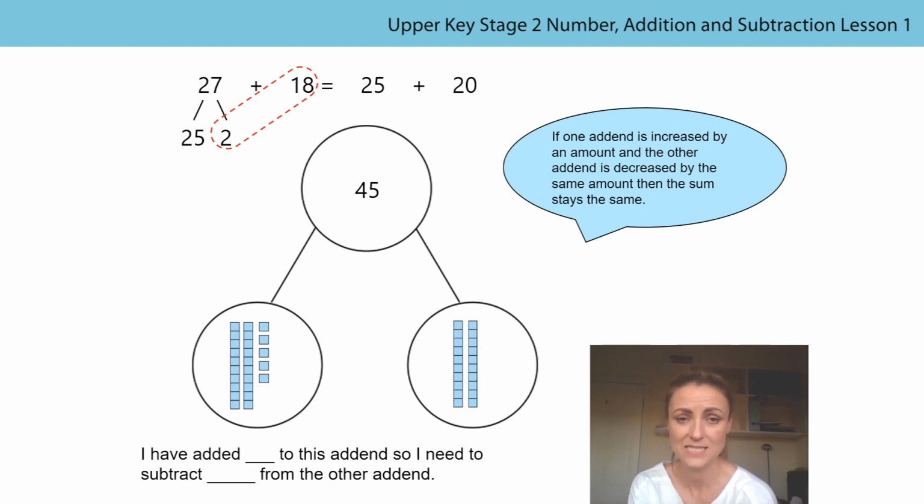I have added 2 to 18, so I have subtracted 2 from 27. And that means that the calculation is now 25 add 20, which is equal to 27 add 18. I have redistributed the addends, and I'm still going to have a sum of 45, and all the way through I conserved that sum of 45.